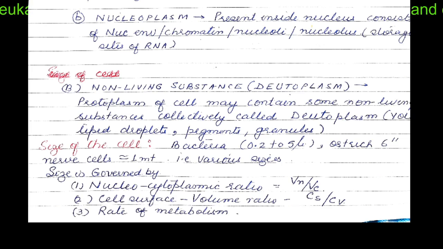Therefore, the outcome is that cells have various sizes, and depending upon their functions, their shapes may vary also. The sizes are governed by the nucleocytoplasmic ratio, the cell surface to volume ratio, and also the metabolic rate of the cell.